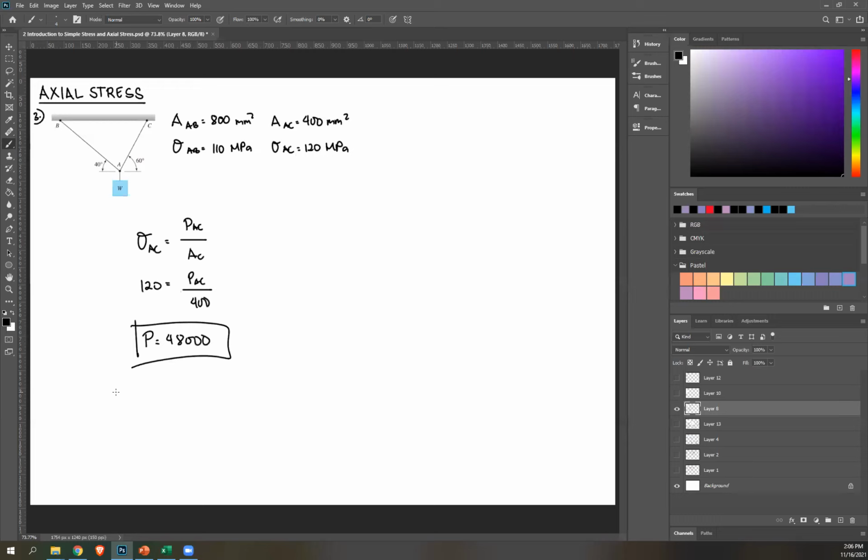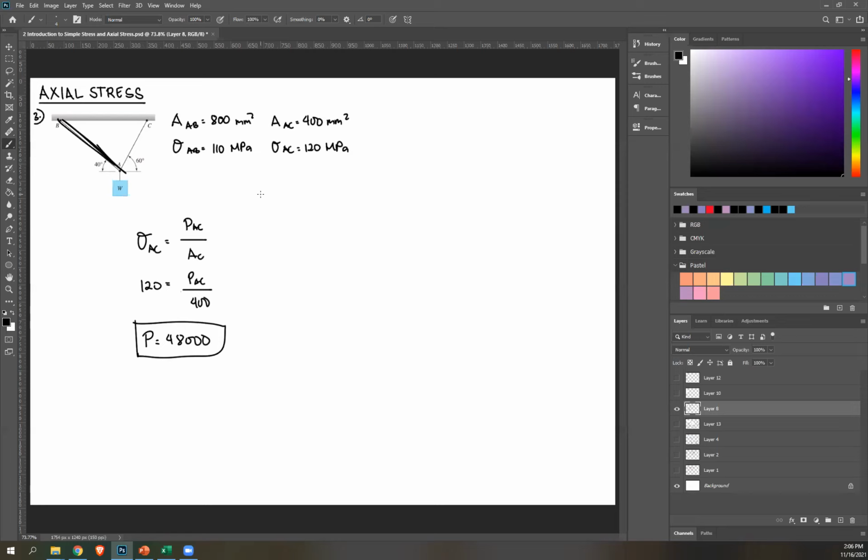That's incorrect, okay? Because if you're solving for this and you're saying that this is your maximum W, that's assuming cable AC will carry this entire weight, which is not the case. Even if you solve for AB, you're going to get an answer, but again, that assumes cable AB is carrying the entire weight, which is not happening.